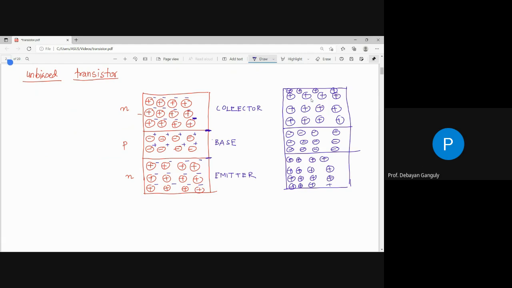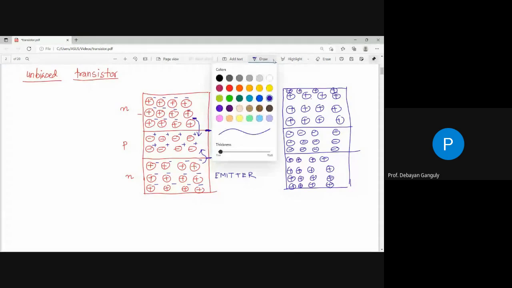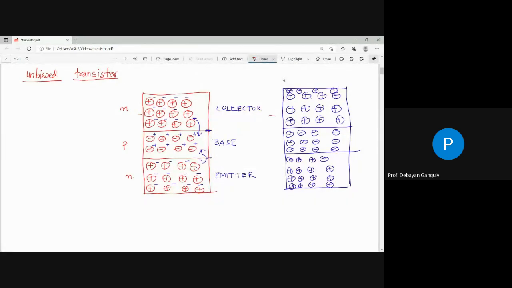Now the electrons around the junction will cross the junction, and electrons from the other side will also cross, because of the PN junctions. So around the junctions, the region is depleted of mobile charge carriers. That junction region is nothing but the depletion region.